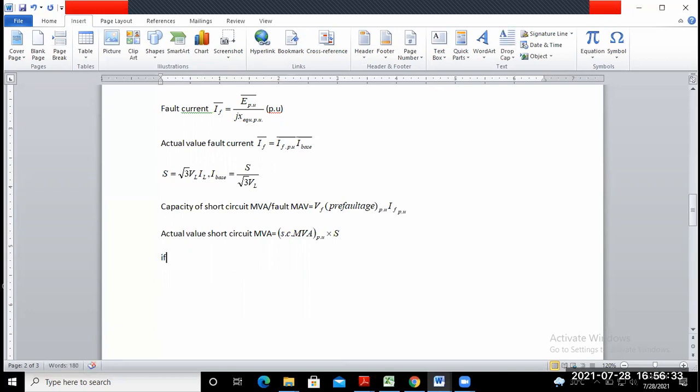So if the fault impedance is given as ZF, then IF is equal to how much?